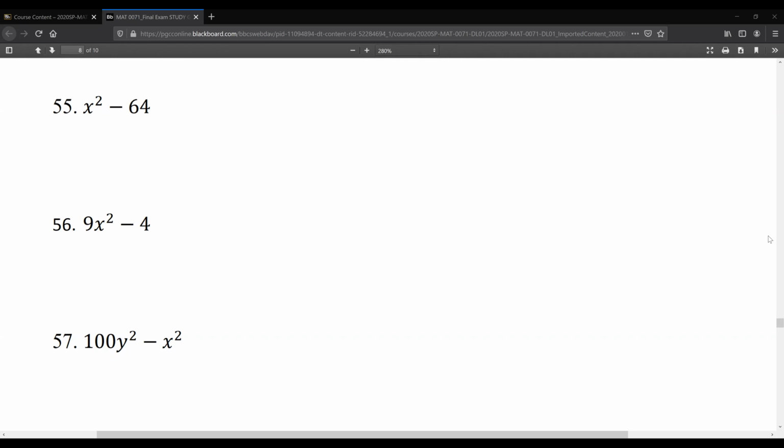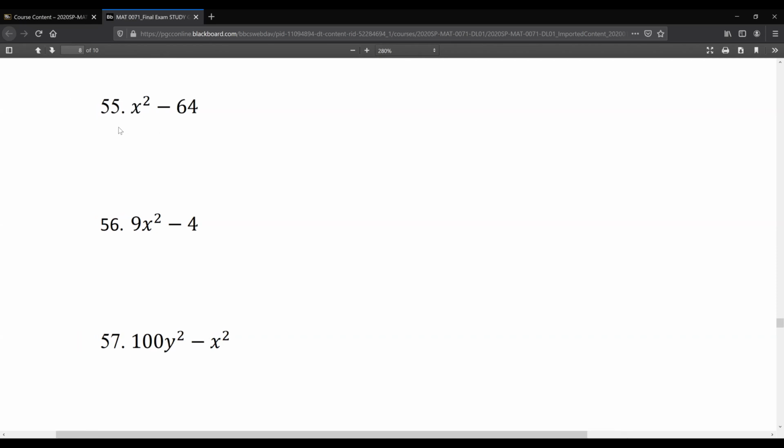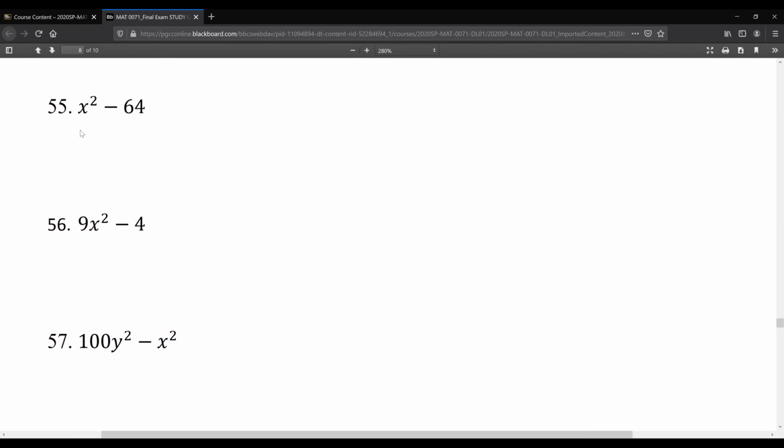All right, so 55, what do you notice about 55? Do you notice anything? Yeah, the squares. Right, it's a square, very good. So this is the same thing as x squared minus 8 squared.